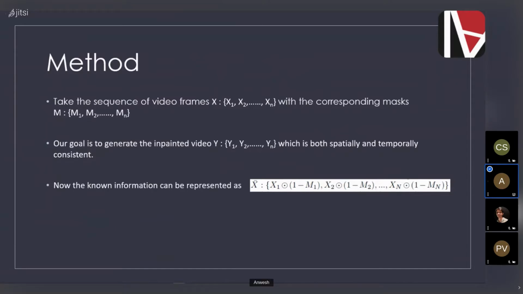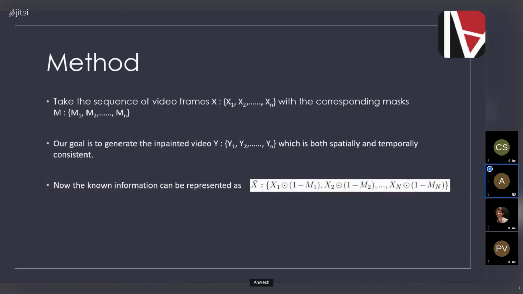So let's first understand the method in brief. We take a set of video frames X, which is X1 to Xn, where n is the number of frames in the video, and then M is the set of the masks, which is again M1 to Mn. Our goal is to generate the inpainted video Y, which has frames Y1 to Yn, which is both spatially and temporally consistent.